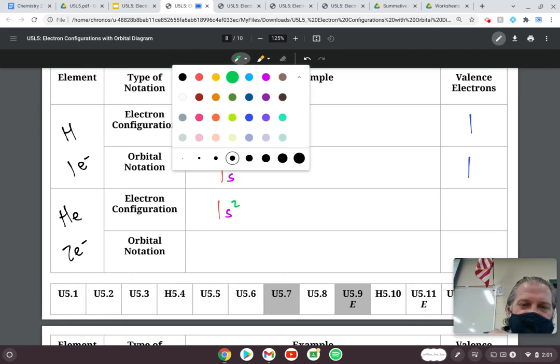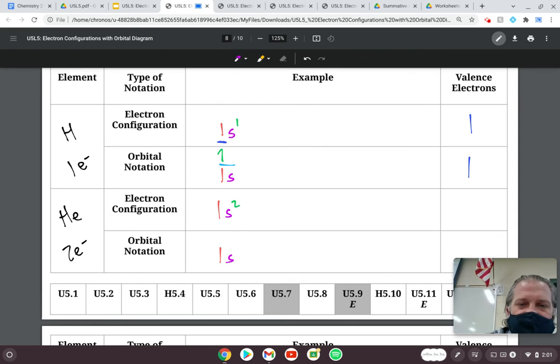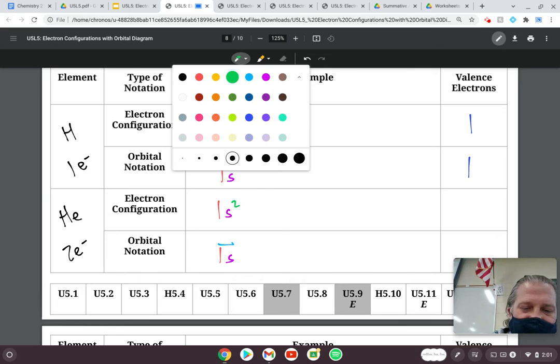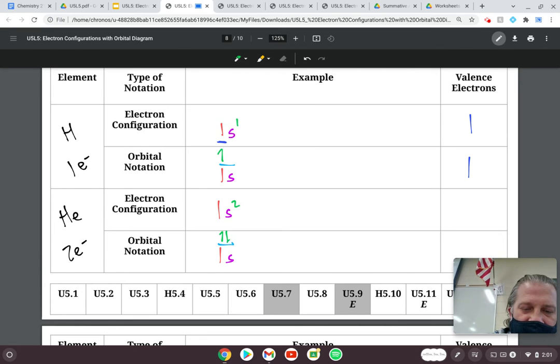Now the orbital notation will be very similar. 1s, going to add the orientation, but this time I'm going to draw 2 arrows, and one of them is going to go up and the other one is going to go down.